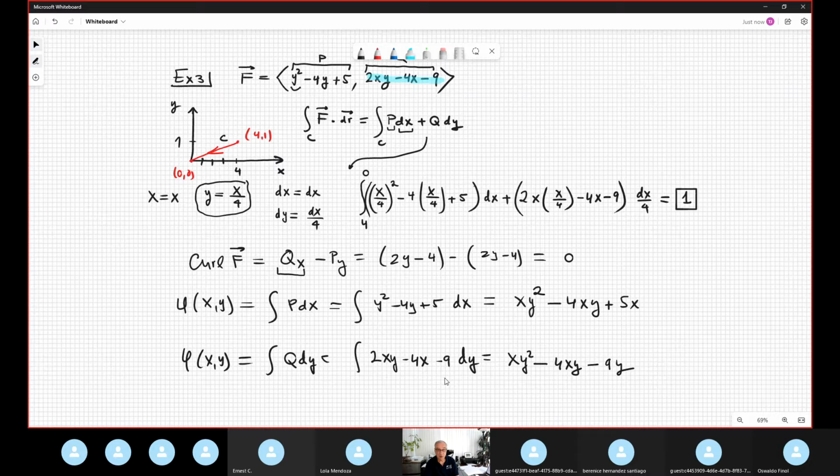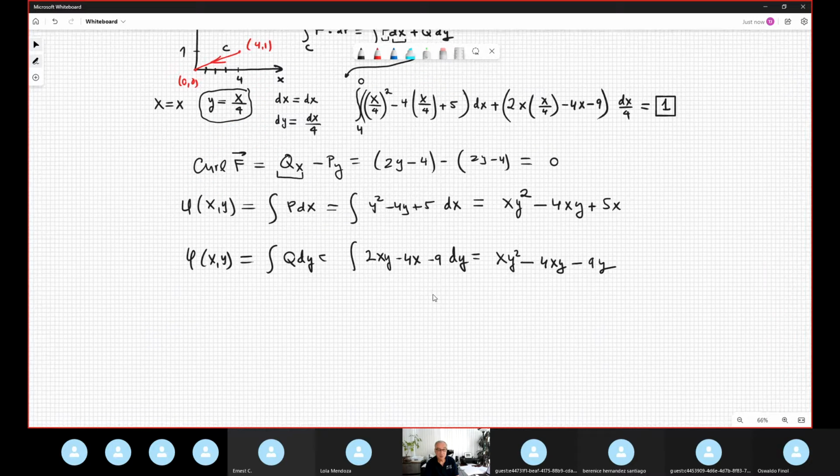We are ready to find the potential function. The potential function at any point of our vector field is the collection of the antiderivatives.